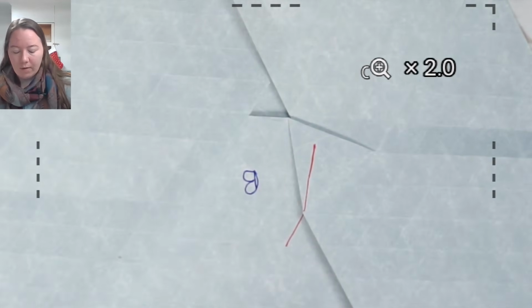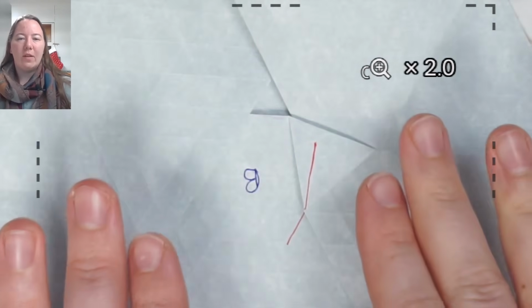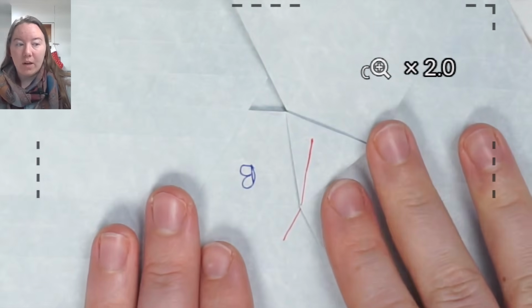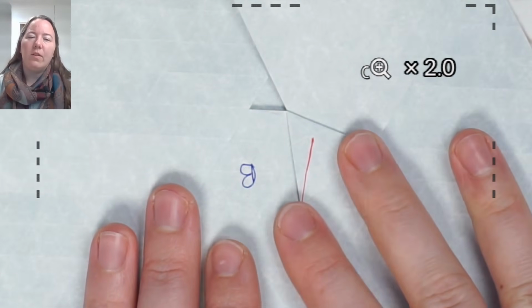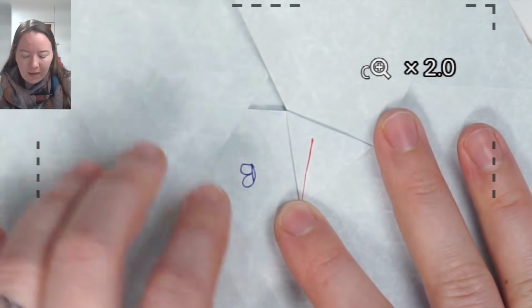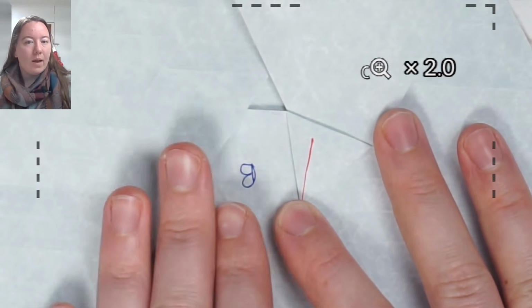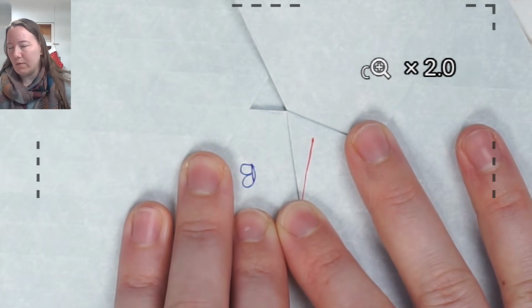So it's a bit of a toss-up as an instructor whether to do the direction that keeps the steps the most the same versus minimizes flipping the paper over. For today, I'm going to focus on minimizing times that we flip the paper over because that tends to be the most confusing for people.